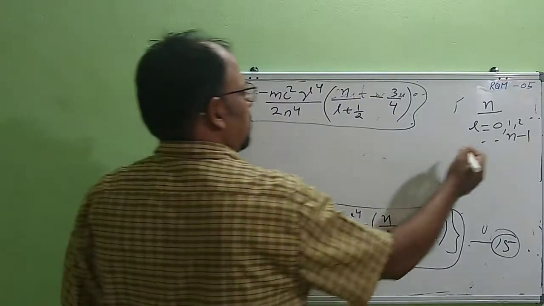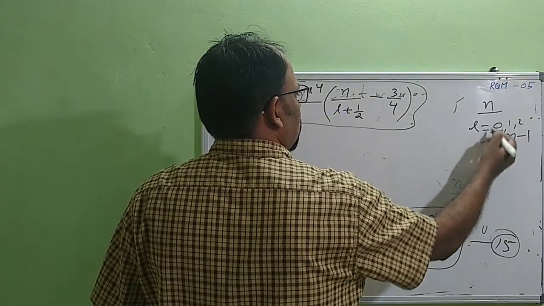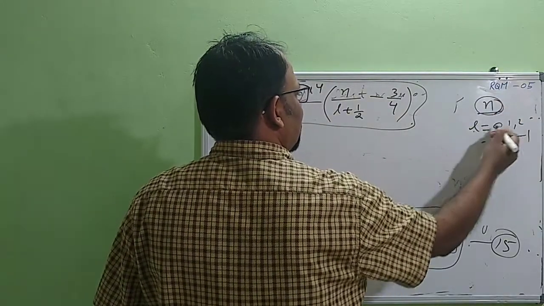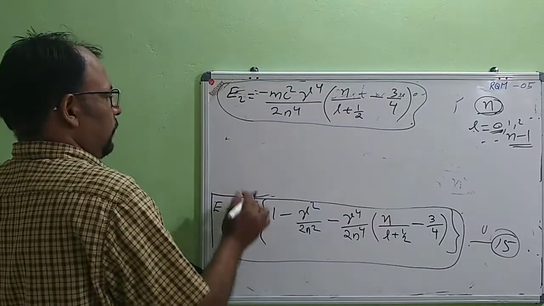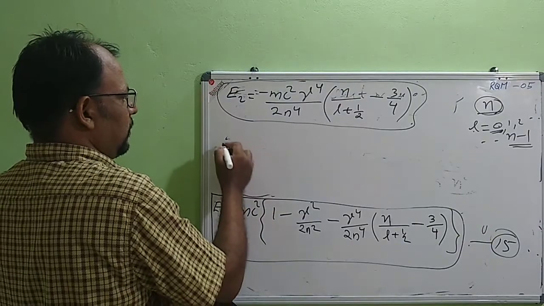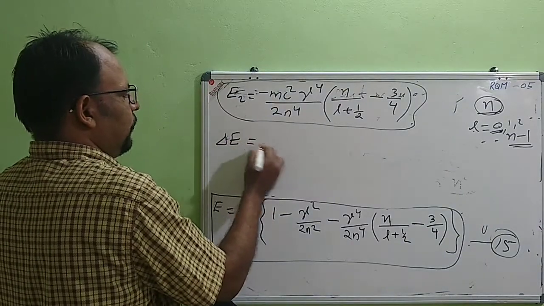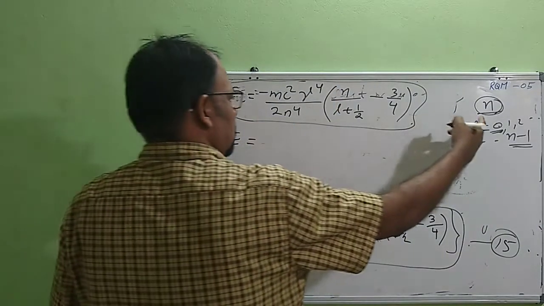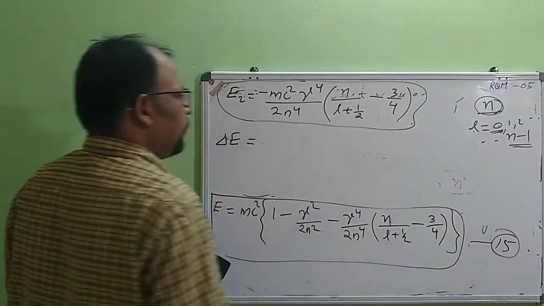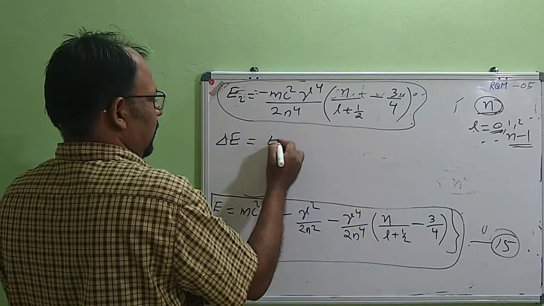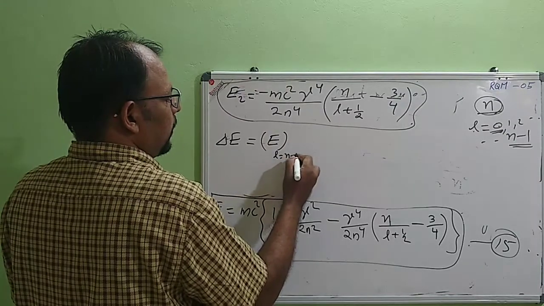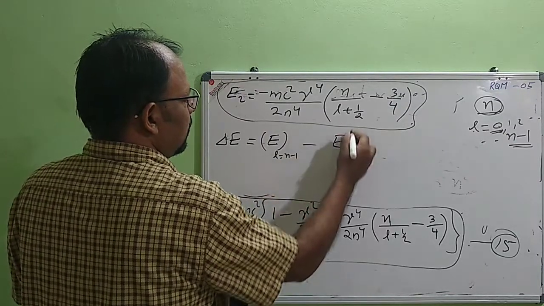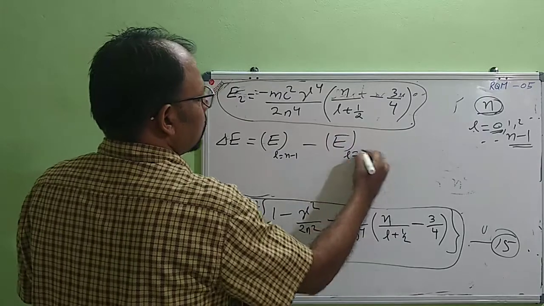That can be obtained by noting that for a given value of n, L can take 0 to n minus 1, and then taking the difference. We are calculating the difference in energy, delta E, for different levels corresponding to a particular value of n. So delta E is E at L equal to n minus 1 minus E at L equal to 0.